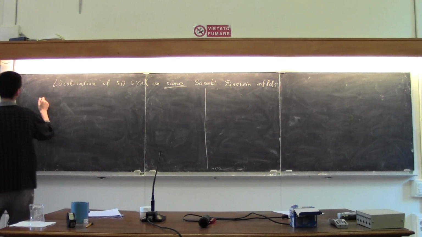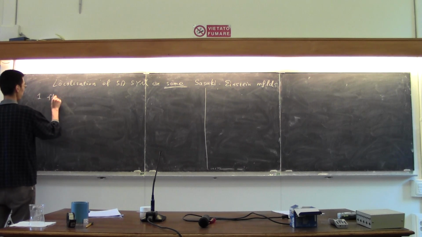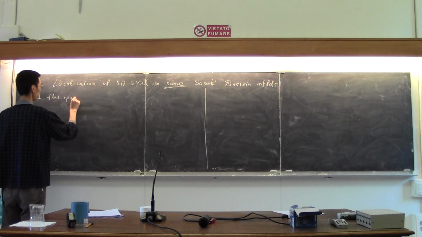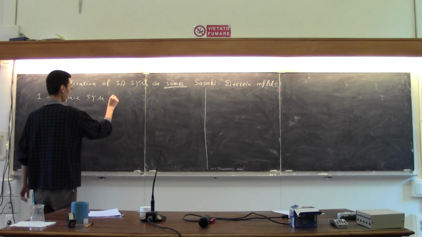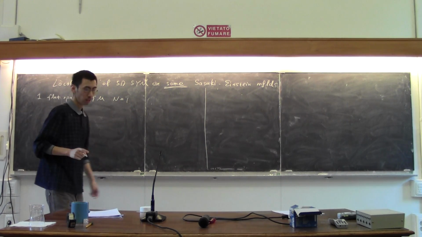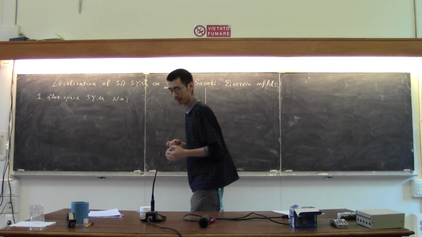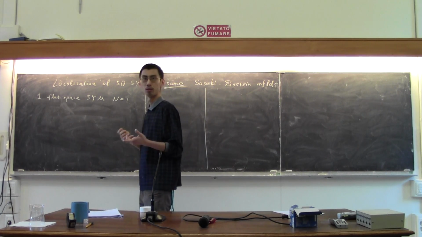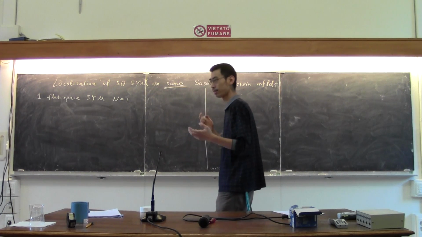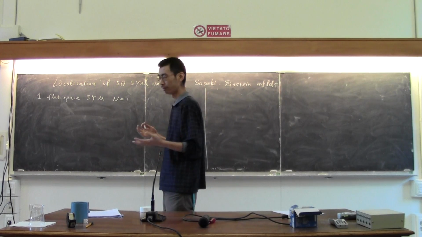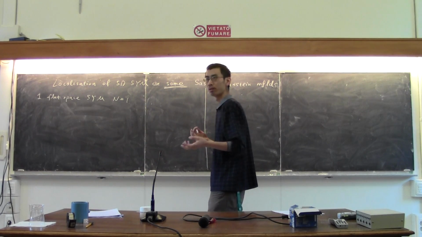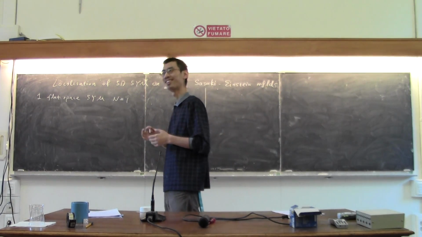Okay. First of all, flat space, N equal to 1. I'll just analytically continue back and forth between the Lorentzian and Euclidean signatures, pretending there's no problem. There is no problem.